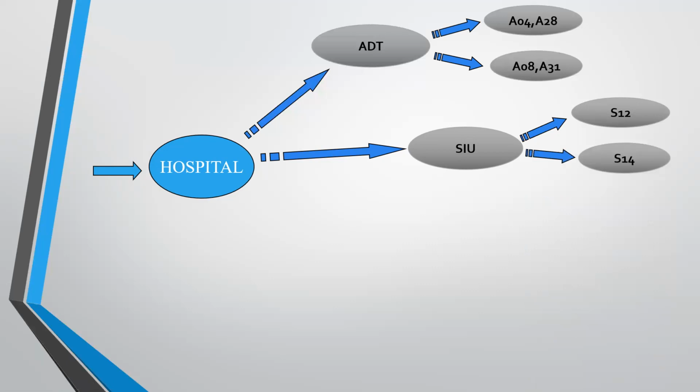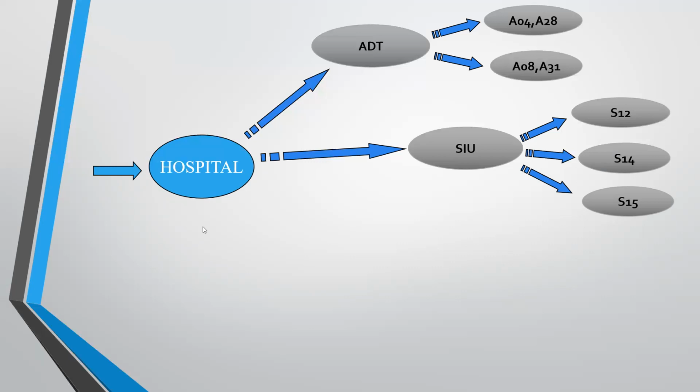Let's say patient has an appointment scheduled and he walks in. So the appointment will be checked in, which will represent modification of an existing appointment. So S14 will be triggered. Then you have cancellation of an existing appointment. That will be represented with the help of S15.